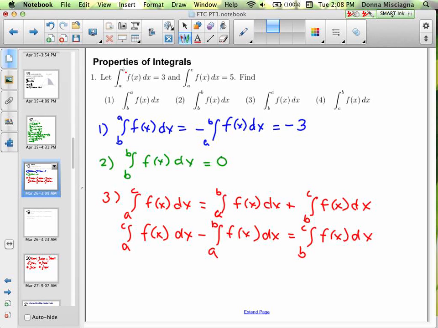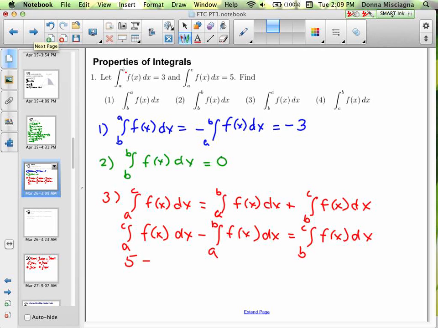Now, it's the same thing we had before, but I think it's easier to see it now, right? Whereas before, when I didn't write the first step, I don't know if you would have seen it as easily. So that means f of x dx from A to C is 5.